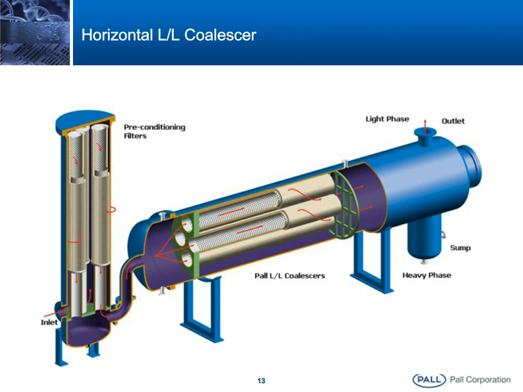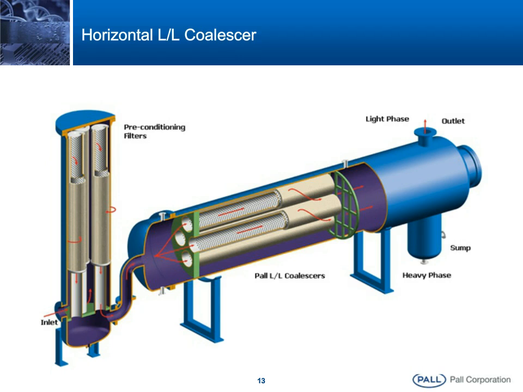You see a coalescer followed by a large settling zone for the droplets to be disengaged. So within the coalescer, the flow is from inside to the outside. The droplets become larger and larger as they go to the outside, and then they disengage, as we discussed earlier, and then they drop down in the gravity settling zone.